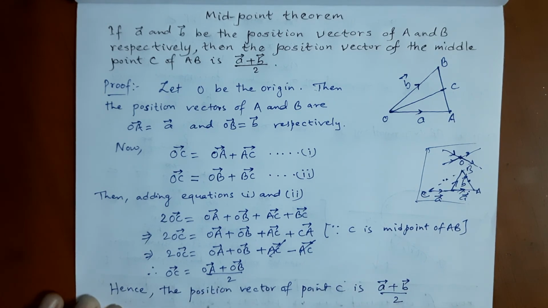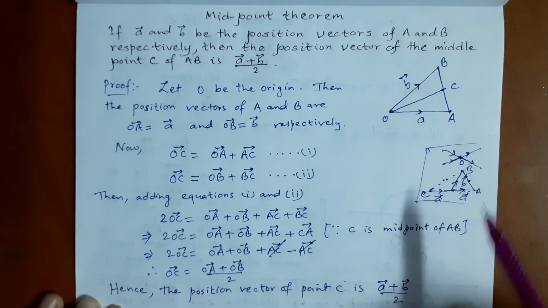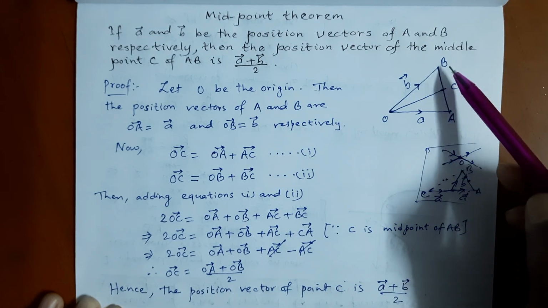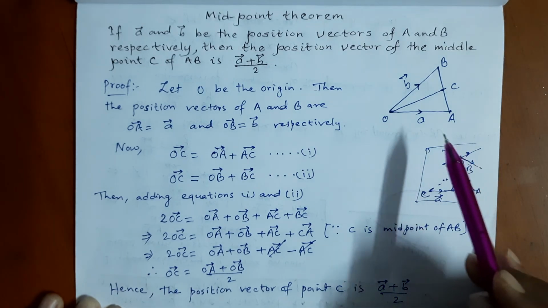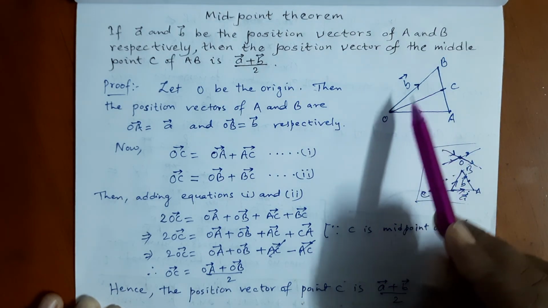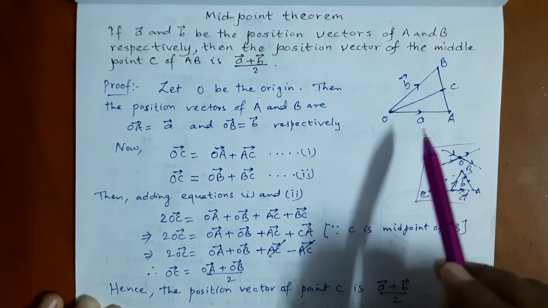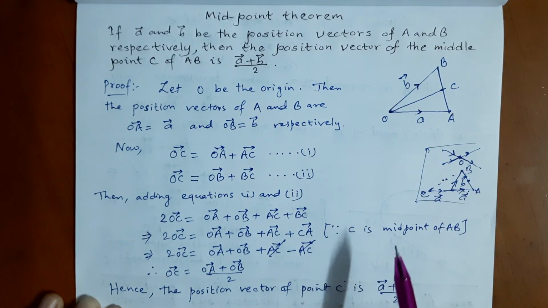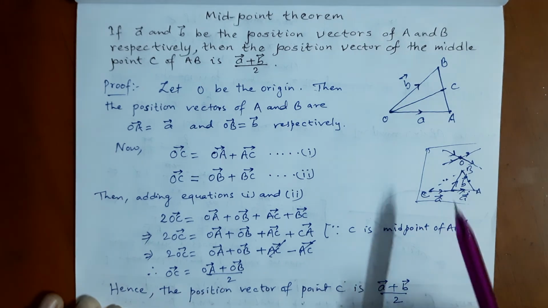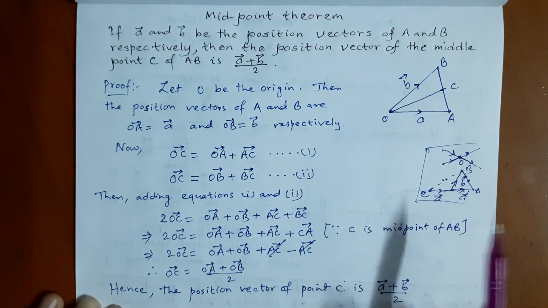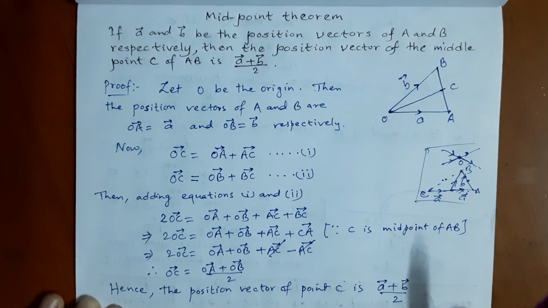So the position vector of the middle point C of AB is A plus B over 2. I want to remind you once again that both vectors A and B are going outwards from a point. So while using this formula we have to take care of that from the figure.